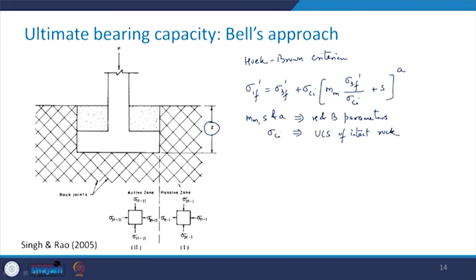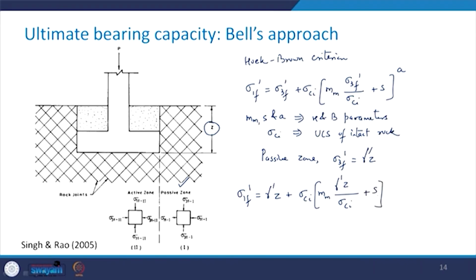So in this passive zone, sigma 3f prime will be equal to gamma times z, or since we are writing in terms of the effective stresses, I will write it as gamma prime z. So sigma 1f prime is going to be gamma prime z plus sigma ci into mm gamma prime z upon sigma ci plus s to the power a.